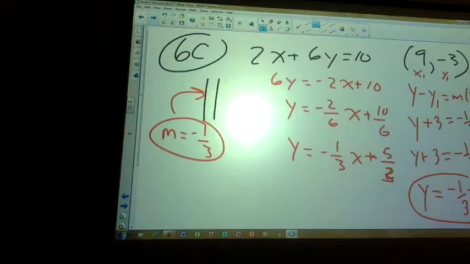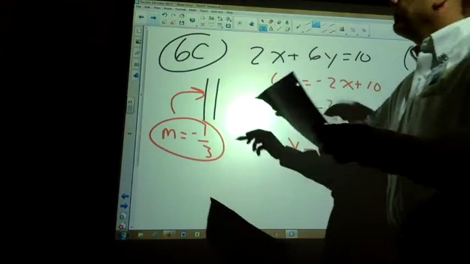Other questions from the review? So back to number 3. We just did this, but which line is steeper? y equals 1/3 x plus 2.